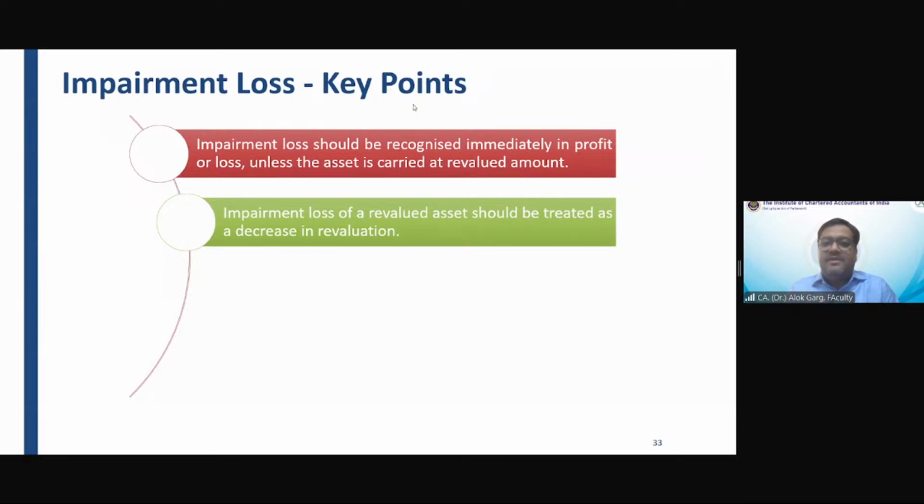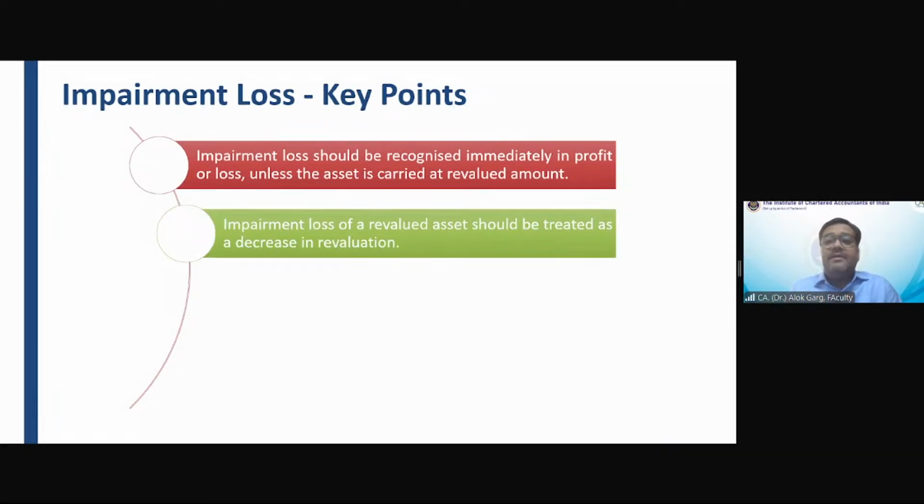If the asset is measured at the cost model, it is pretty simple: you are required to put the impairment loss in the P&L. But if the asset, for example building or machinery, is measured as per the revaluation model, and there is an impairment, then how do we treat that impairment loss?